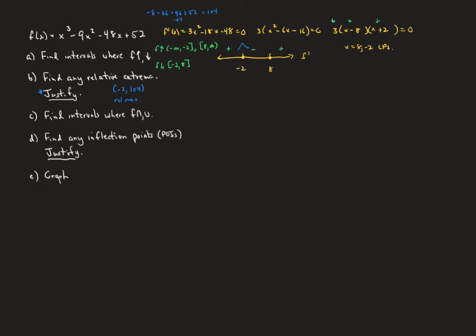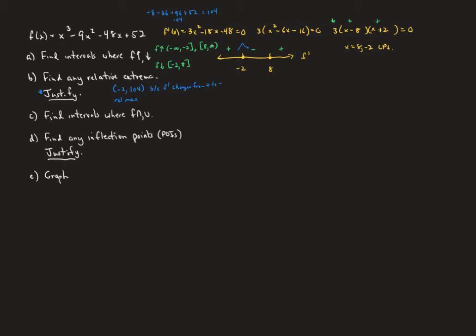In the eyes of AP, when you say the function changes from increasing to decreasing, you're just saying that's what happens at any relative maximum. That's not a justification for why there's a relative maximum at this particular point. So I'm going to say because f prime changes from positive to negative.